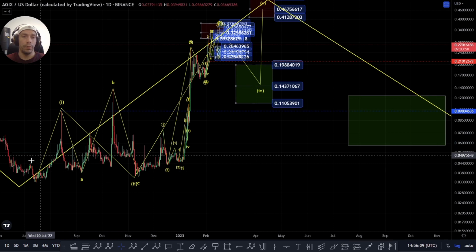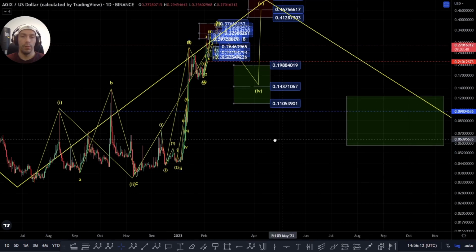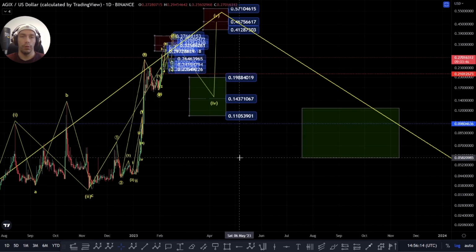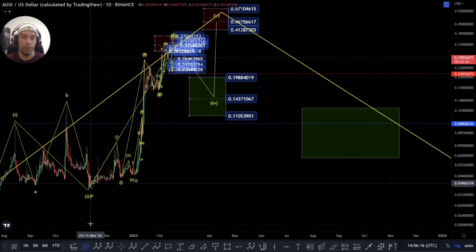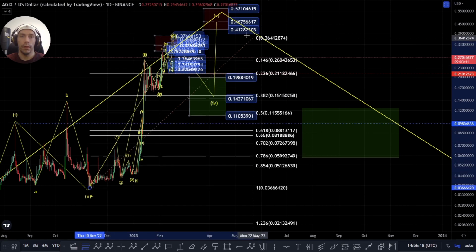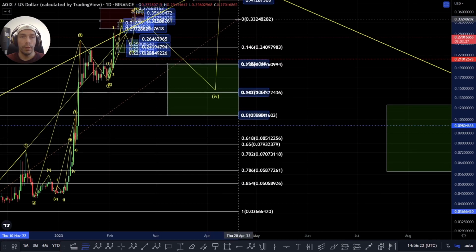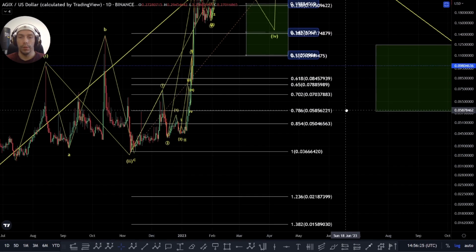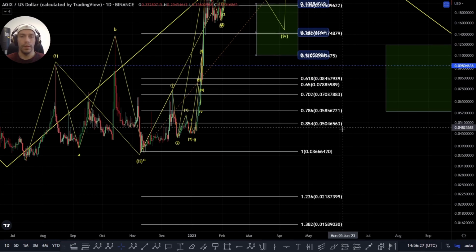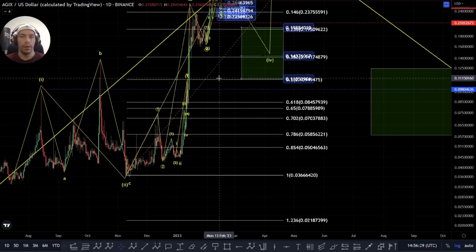But until we start to get this decline, we won't really know. If we're looking for that 1-2 again, that would change the zone we look at. Obviously we wouldn't get this additional fourth wave, and I'm going to put it up here into that red box. Effectively, then we could see support come in slightly higher.